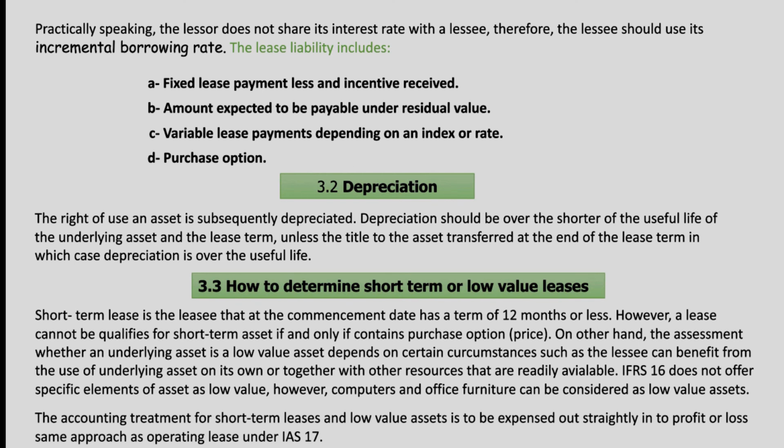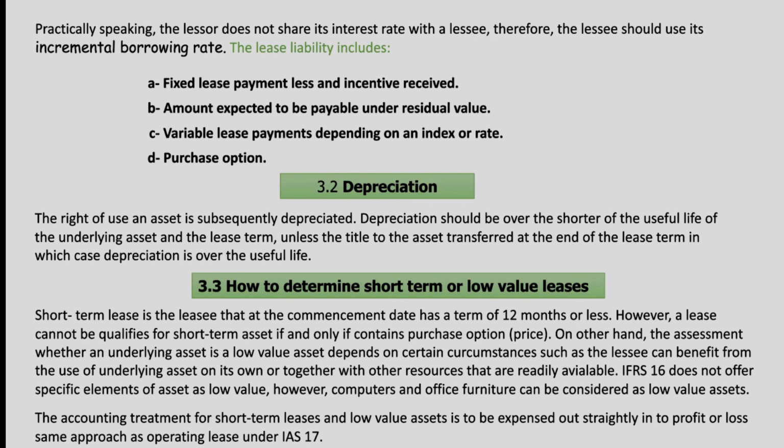The accounting treatment for short-term leases and low-value assets is to be expensed out, charged straight to profit or loss. This is the same approach as the operating lease under IAS 17.